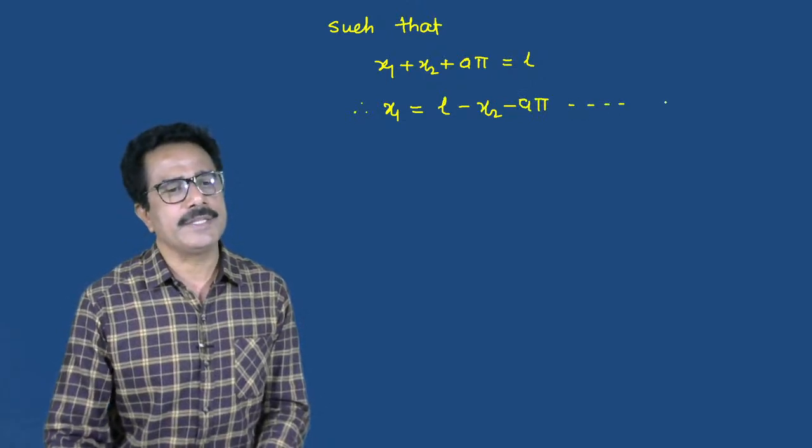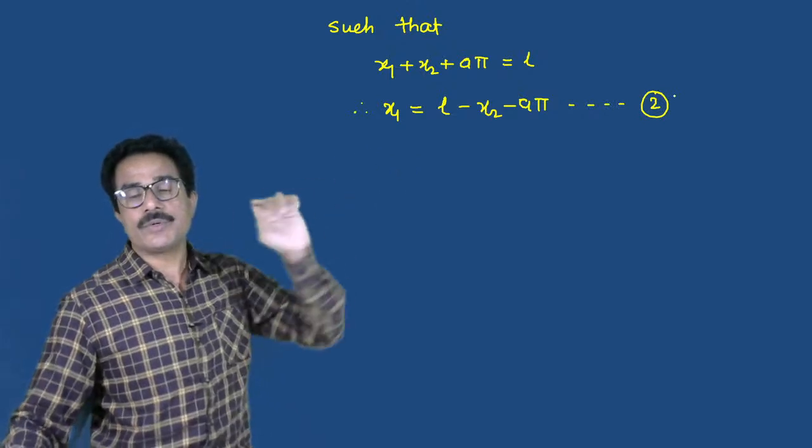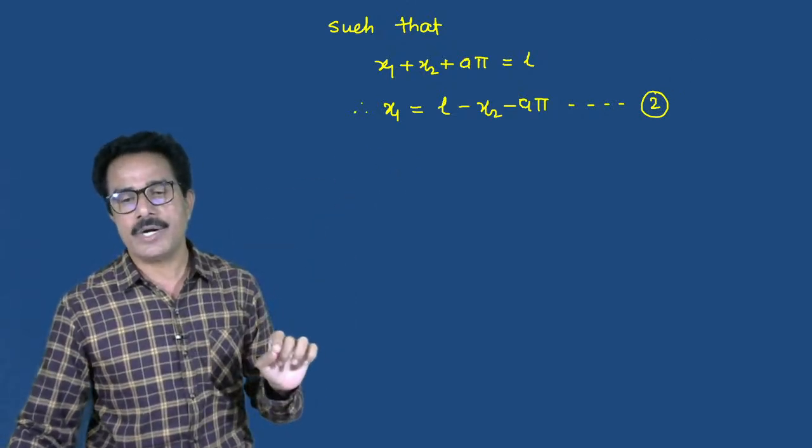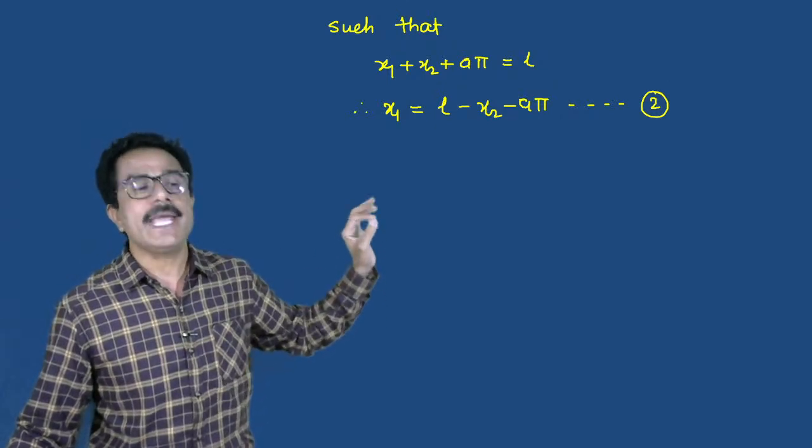Thus we can find the value of x2. So we can definitely say that there is only one generalized coordinate, and that coordinate is given by x1.